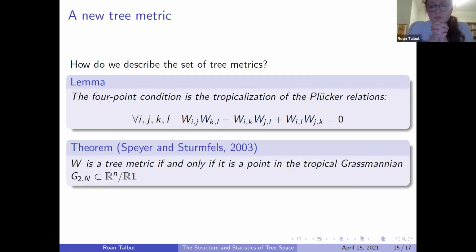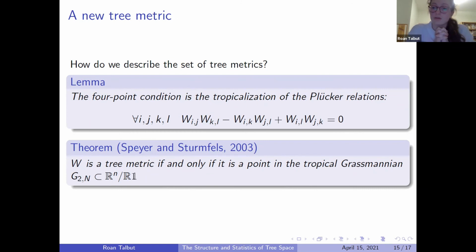And so, how can we actually describe this set of tree metrics? And for those of you who are very keen on algebraic geometry, these are the nice deep results that we've got behind what's going on here.